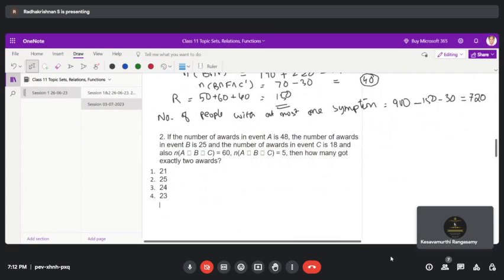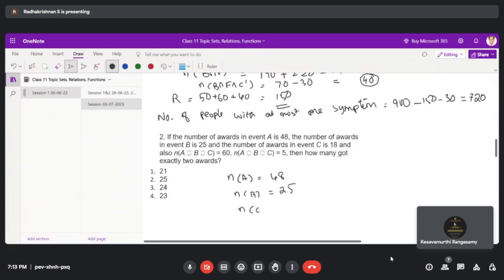The number of awards in event A is 48. There are 3 events, A, B, and C. So what is given? N of A is 48. N of B, the number of awards in B, is 25.